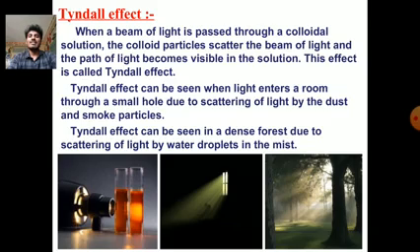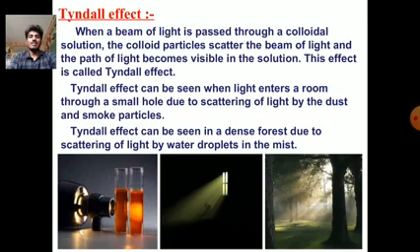Next one is the Tyndall effect. When a beam of light is passed through a colloidal solution, the colloidal particles scatter the beam of light, and the path of light becomes visible in the solution. This effect is called the Tyndall effect.